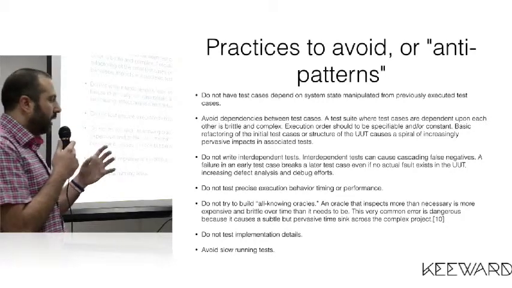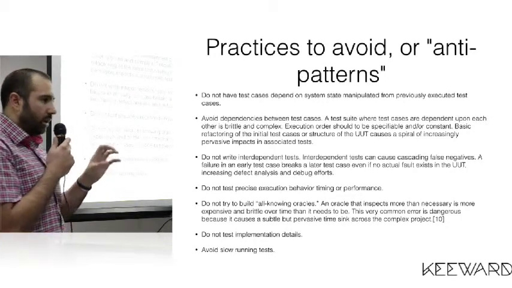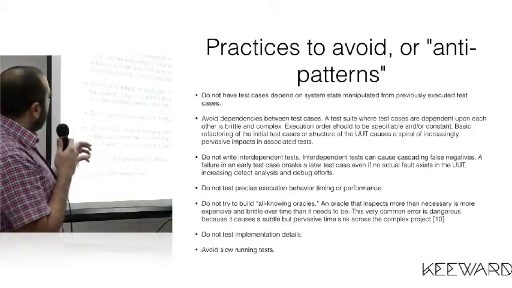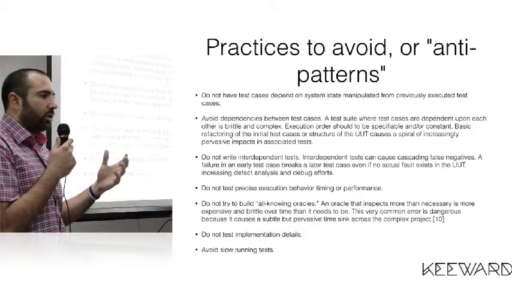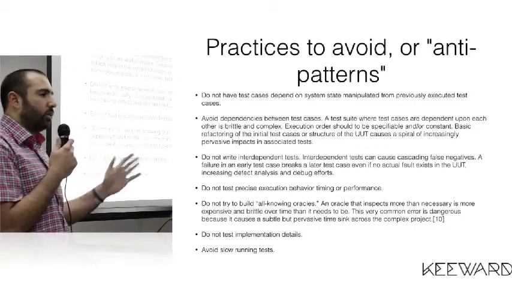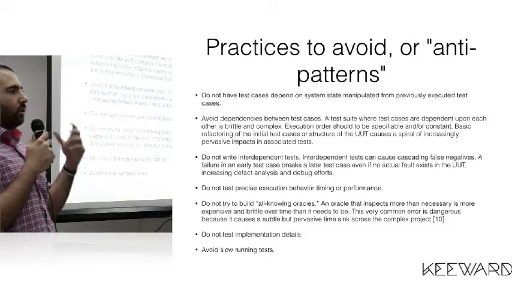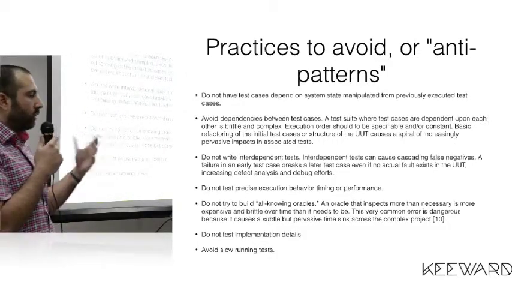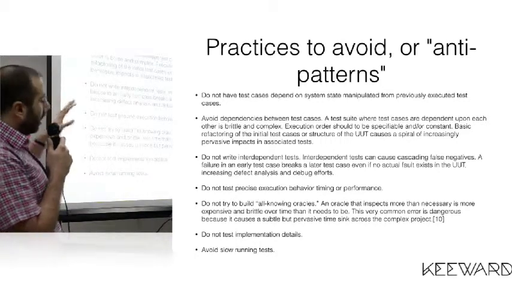So you want things to be independent, and you want to be able to test the right thing that you're focused on. Of course, do not write tests that measure the length of running code or all that stuff. This is stuff that we do not care about. What we care about is writing the test that will target what you're trying to get out of your functional code, right? So these are things to avoid.